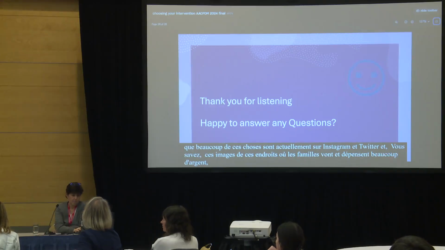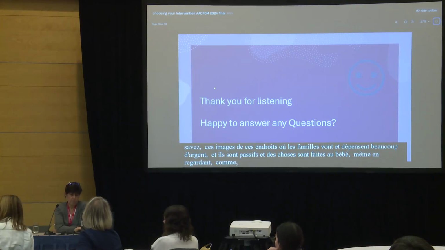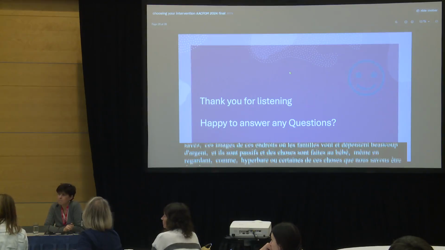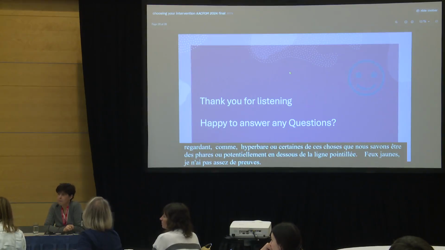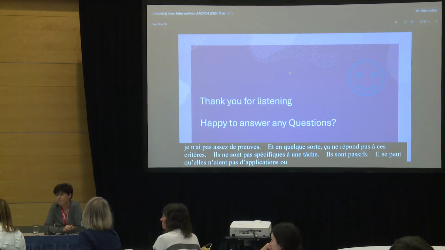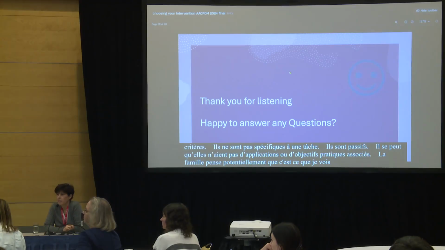Even looking at hyperbaric or some of these things that we know are red lights, or potentially below the dotted line, yellow lights that don't have enough evidence, and also don't meet those criteria. They're not task specific. They're passive. They might not have practical goals associated with them, but the family's potentially thinking, this is what I'm seeing on Instagram, this is the hot new thing. How do you counsel families about how to make a decision around that?